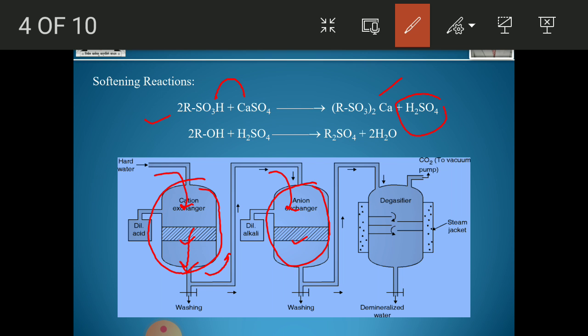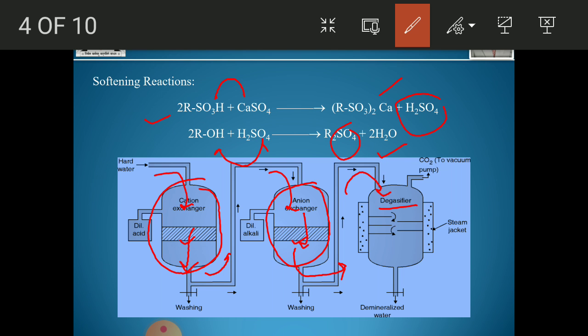When that SO4 comes in contact with this anion exchange resin, that is ROH, there is a replacement of these two anions, SO4 of the salt and OH of the resin, and this SO4 gets removed and we get demineralized water, only H2O comes out from the anion exchange resin. Further treatment can be made. This demineralized H2O can be passed into another container called a degasifier.